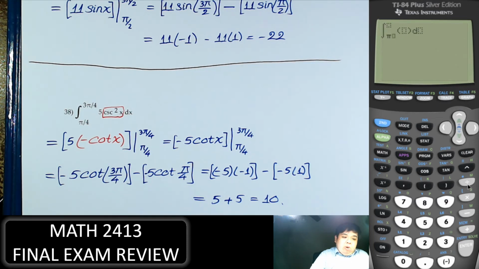Go from pi over 4 to 3 pi over 4. And then cosecant is 1 over sine, squared.